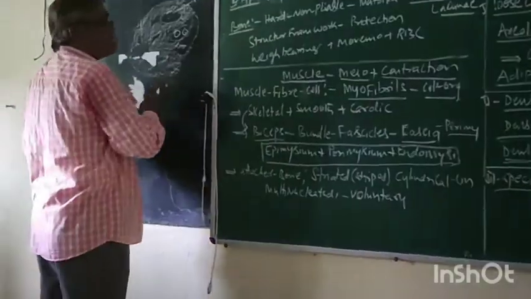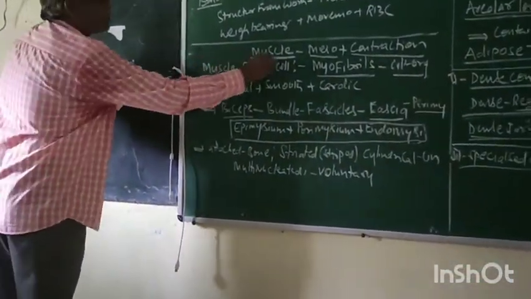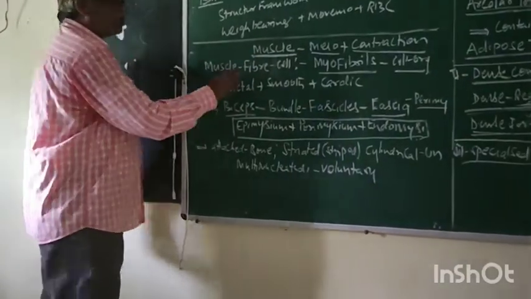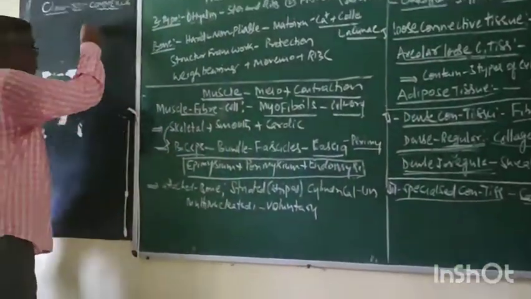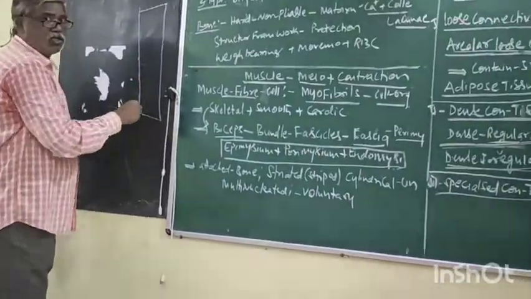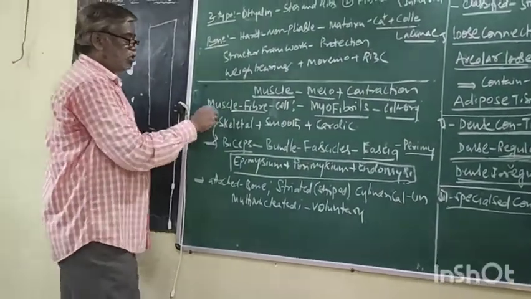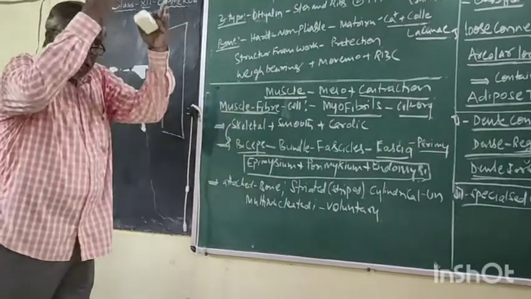One cell of muscle is called a muscle fiber. It is a cell of muscle, also called a muscle cell. It is also called a fiber because the cell of muscle is a filamentous cell.